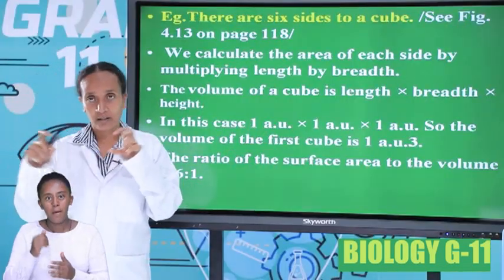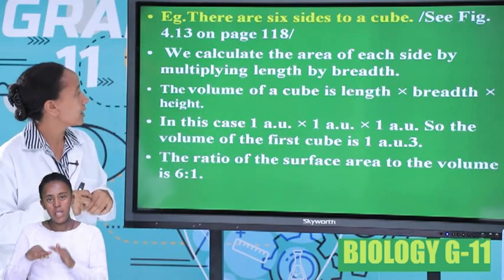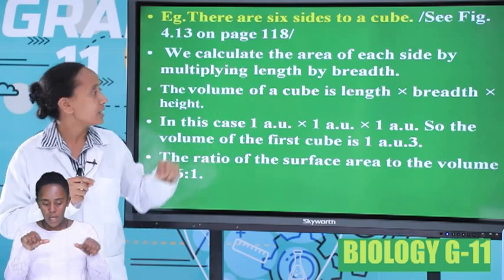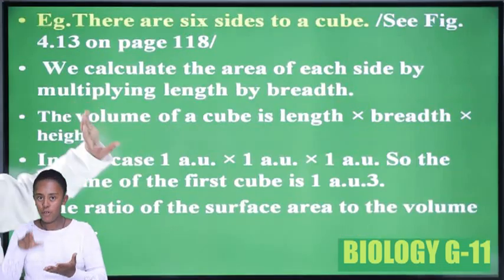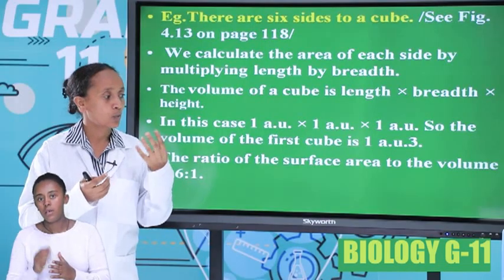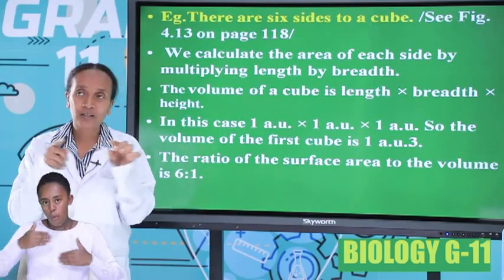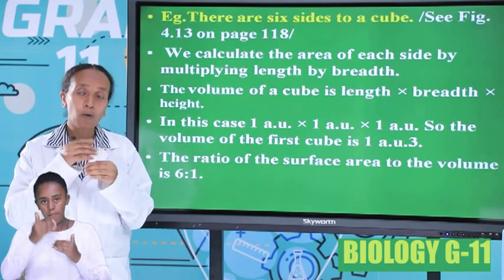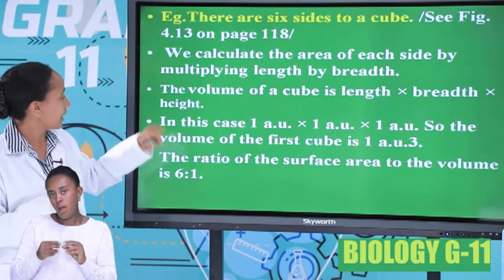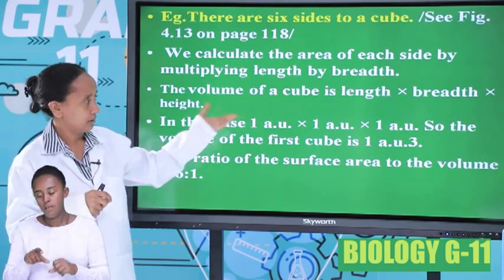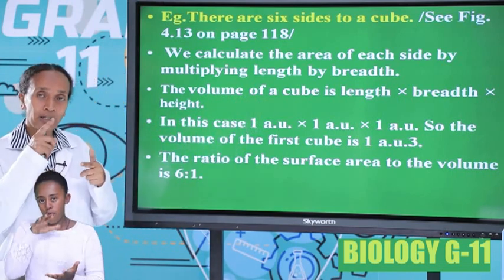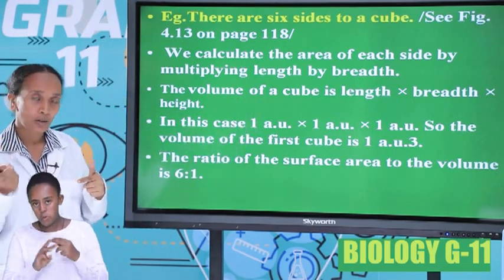By considering this difference in their size, now we are going to calculate the surface area to volume ratio. The surface area of one face is calculated by length times width, but a cube has 6 faces, so we multiply by 6 to find the total surface area. The volume is calculated by length times width times height.